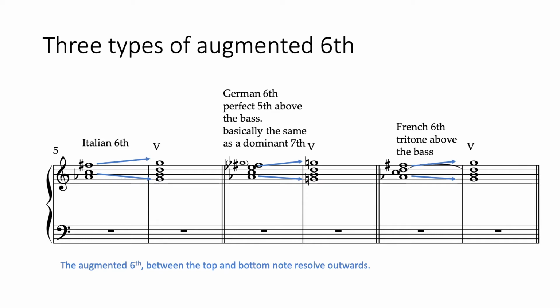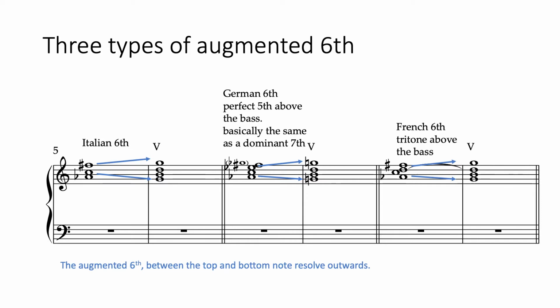So those are our three types of augmented sixth. The Italian sixth with just three notes, the German sixth with the perfect fifth above the bass, which makes it the same as the dominant seventh, and the French sixth, which includes a tritone above the bass, which anticipates one of the notes in the chord that we're going to resolve to.